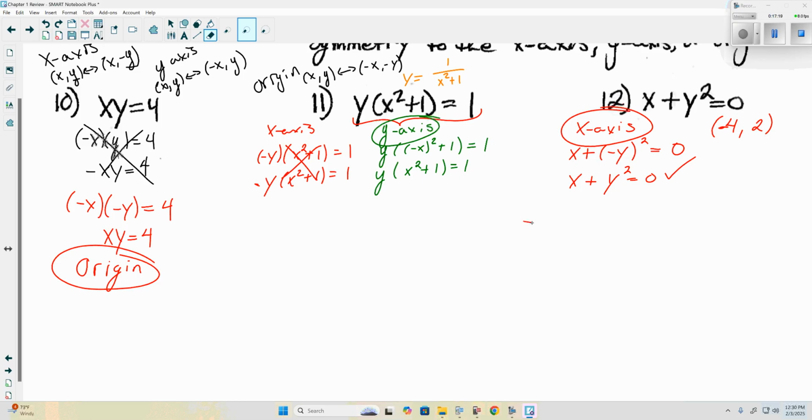And this negative 4 plus 2 squared equals 0. So we'd have negative 4 plus 4 equals 0.